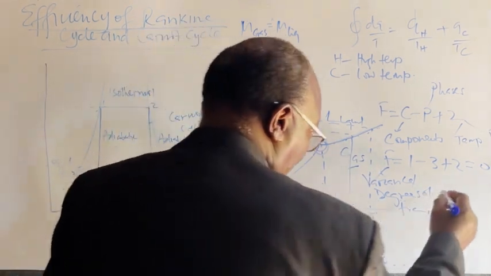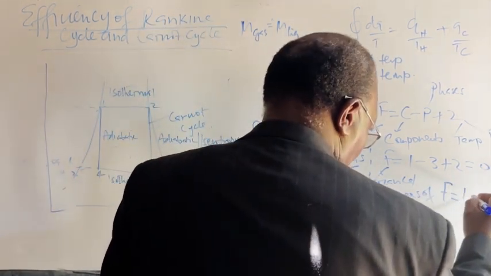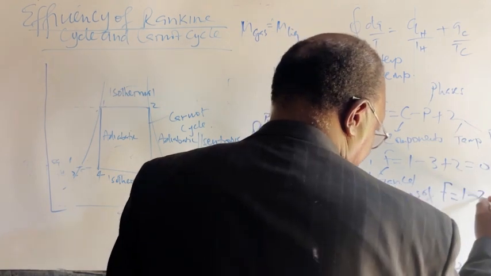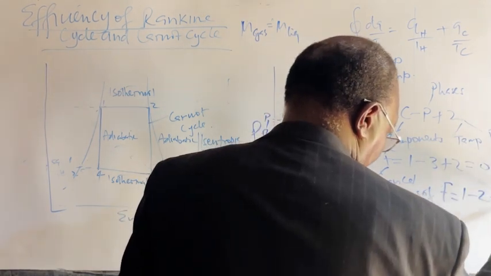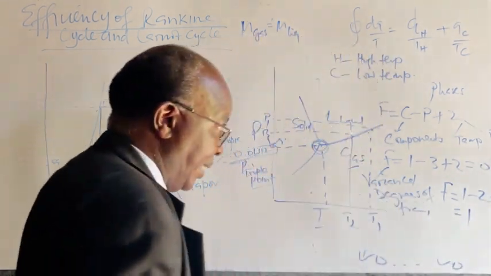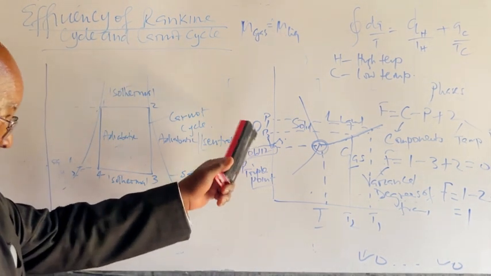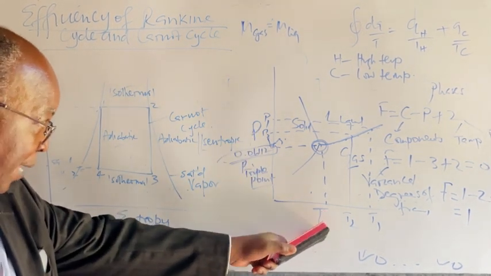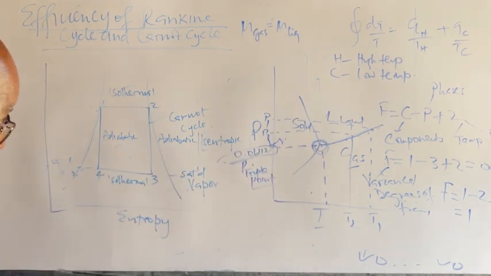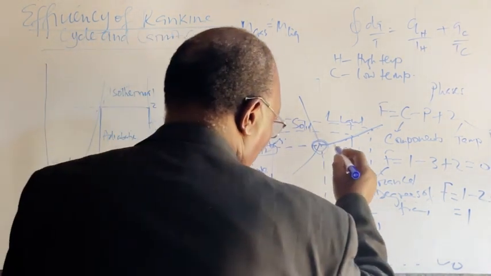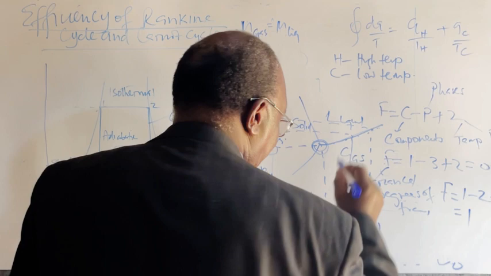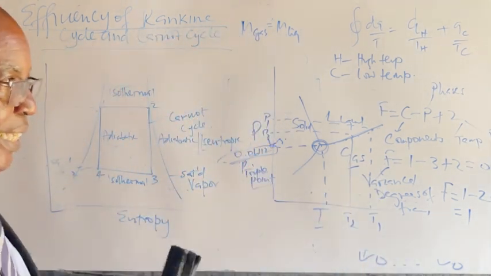So in terms of the phase rule, F in that case is equal to 1 minus 2 phases in equilibrium plus 2. So you have 1. So you have only 1 degree of freedom, or the variance is 1. In other words, if you choose the pressure, the temperature is fixed. If you choose the temperature, the pressure is fixed. And so when we have phase transitions, normally the temperature is constant because you are doing it at some pressure.